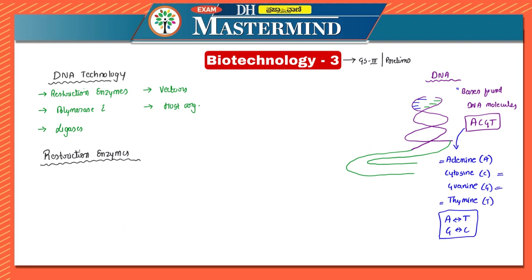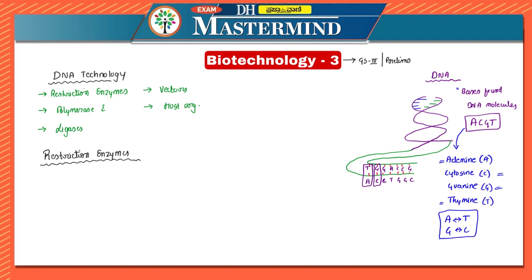Now let us take one example. Let us consider this to be one strand: A, C, C, T, G, G, C. In the opposite, if A is there, you will have T. C is there, you will have G. Again C, you will have G. T, you will have A. G, you have C. G, you have C. And C, you have G. So A always pairs with T, and C always pairs with G, so the sequence will be changing.